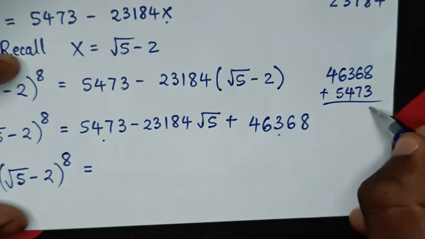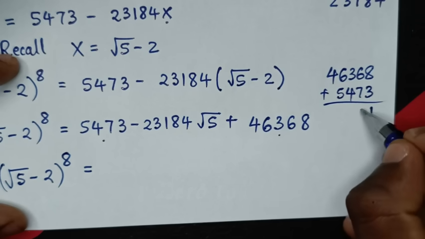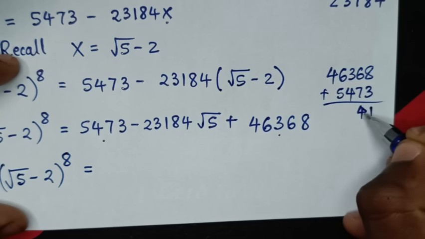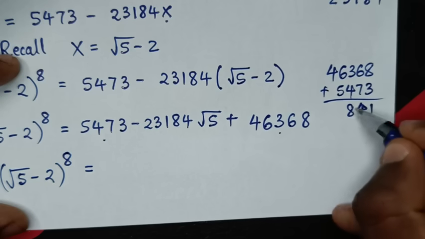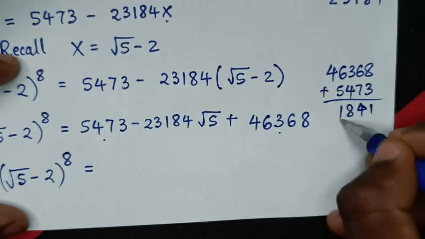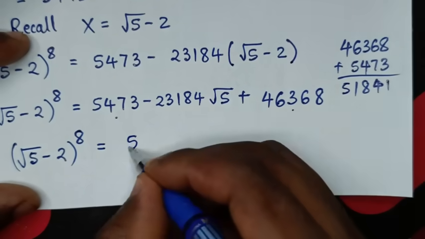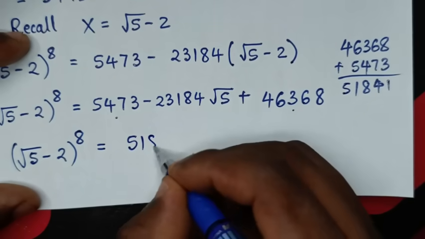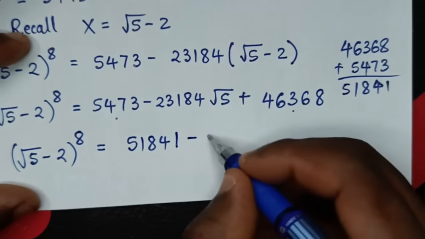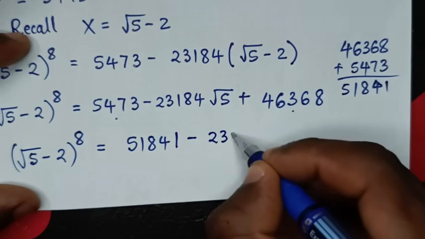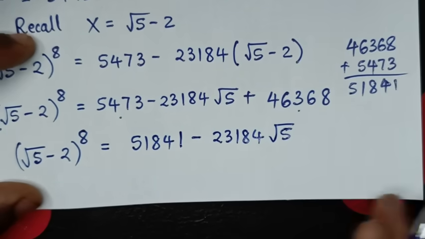So here it will be 11, go with 1, this plus this is 13, plus 1, it will be 14, then go with 1. This plus this is 7, plus 1, it will be 8. This plus this here, it will be 11, go with 1, then here it will be 5. So here it is 51841. Then this here minus 23184√5.